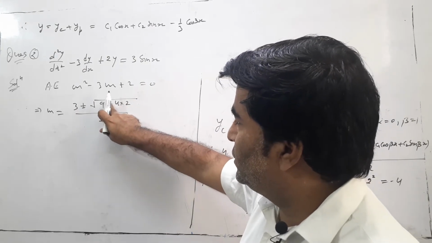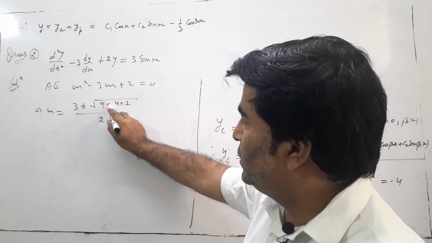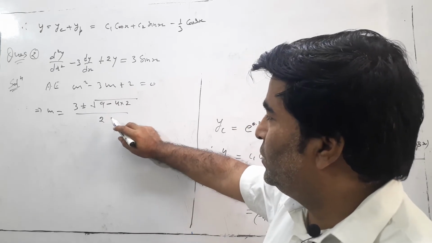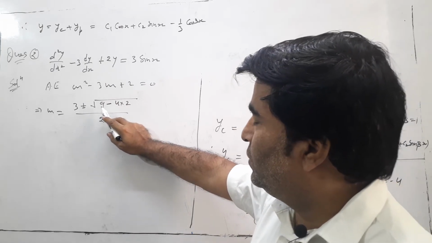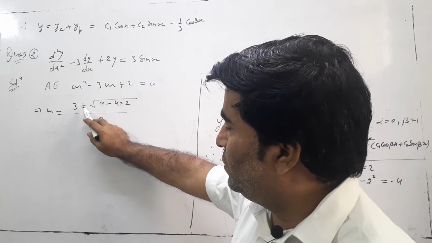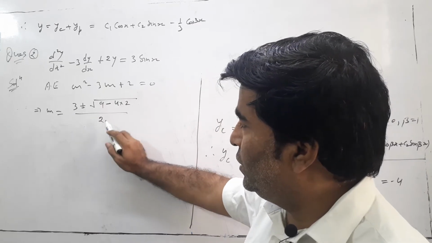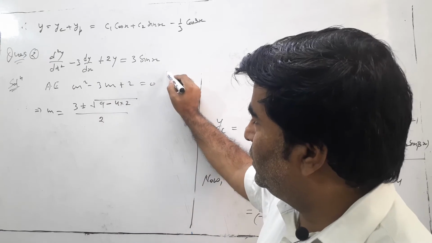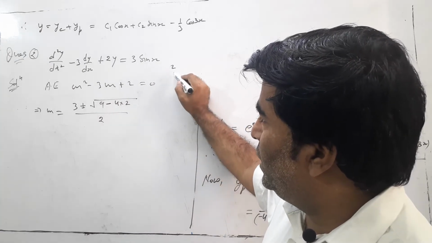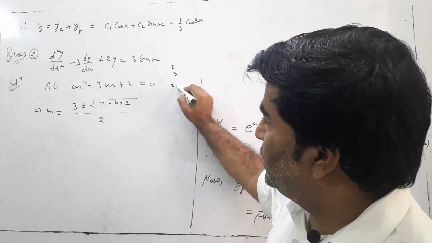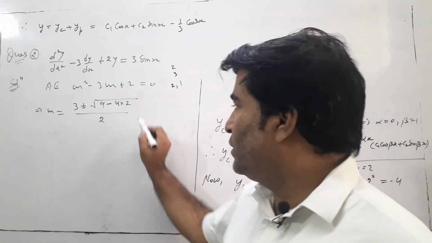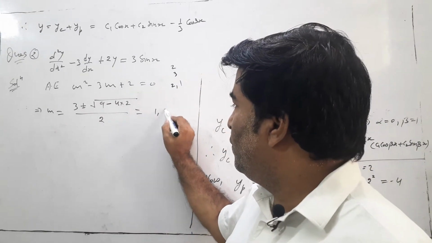Here we have minus 4ac. Alternatively, we can solve by taking product and sum of the roots, and take 2 and 1. So the roots are 1 and 2.